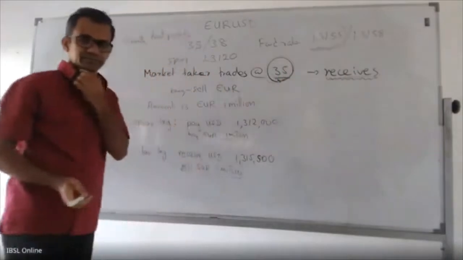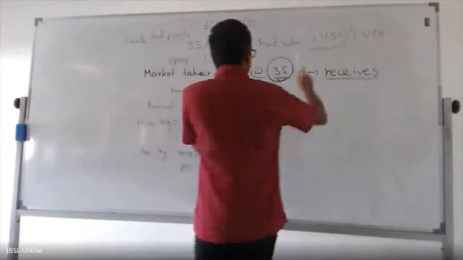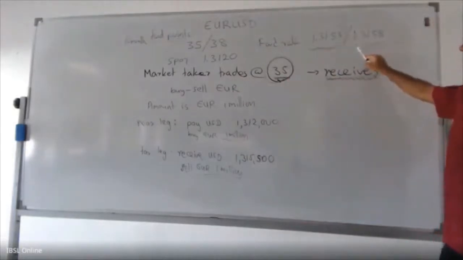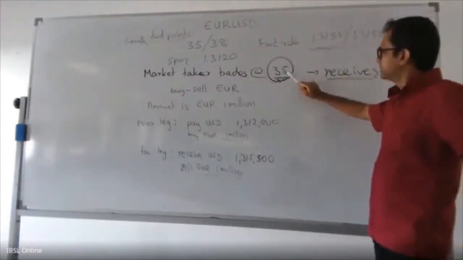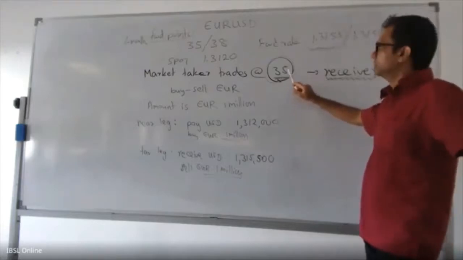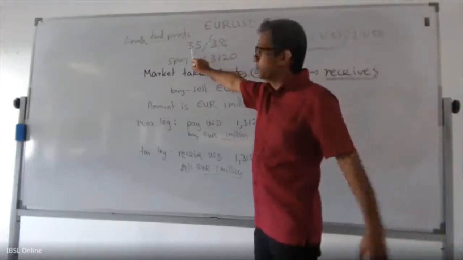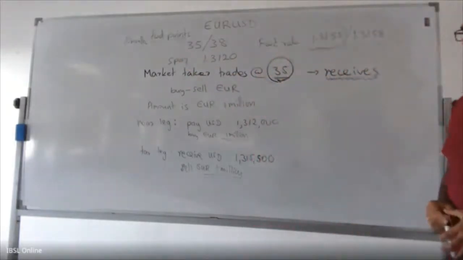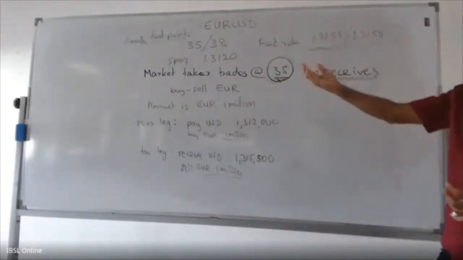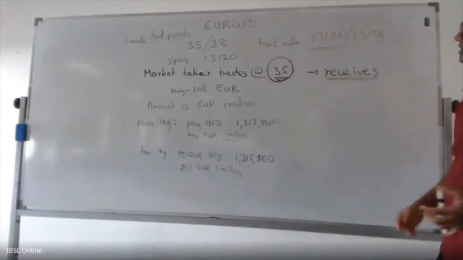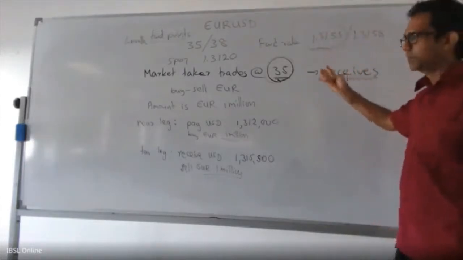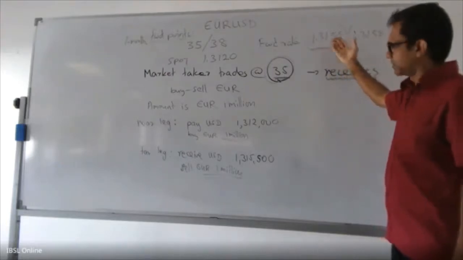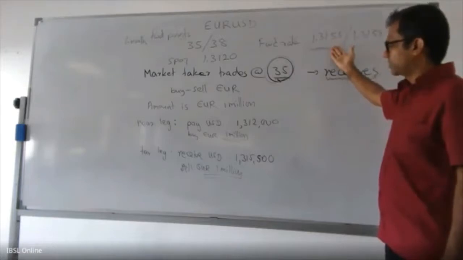Why does this become the applicable rate, not this one? The reason is you agree on 35. 35 is on the bid side of forward points. That means you agree to sell in the future. So then you sell at the bid rate. Even here, the applicable rate is bid rate. Okay, 1.3155 is the applicable rate.